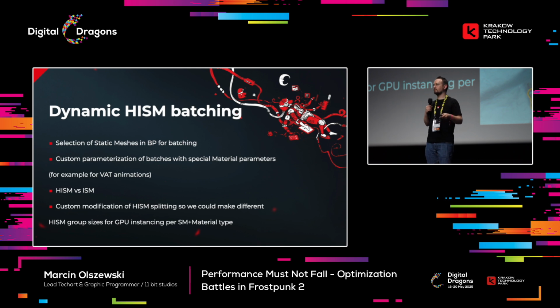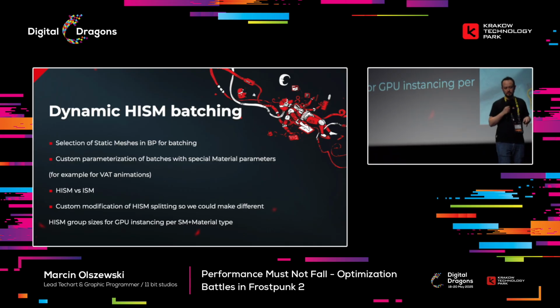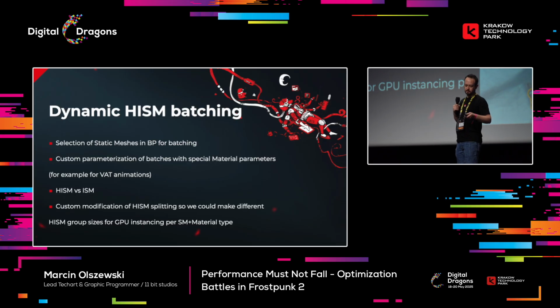Because it has to iterate over the LODs and so on to find out what's best for rendering in the end. So we also had to make some custom modifications. So we can use different HISM group sizes and make some instancing per mesh, per material, and that's the main thing here.